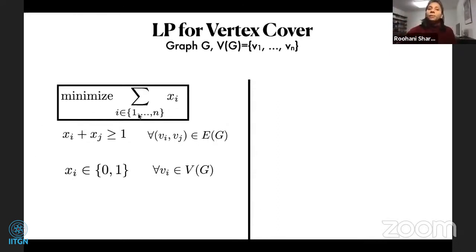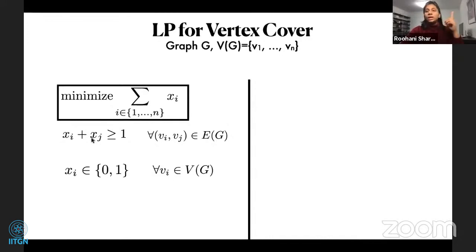And now I try to minimize this function, which is the summation of all the values xi. Note that this exactly represents the vertex cover problem, because look at the variables that get value 1. If you pick those vertices in the vertex cover, then the vertices corresponding to those variables will form a vertex cover, because for every edge, at least one of the vertices will be 1.